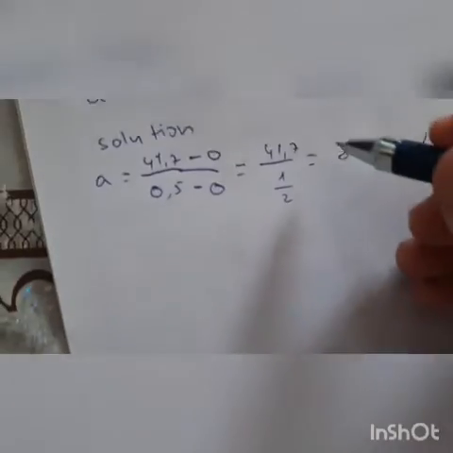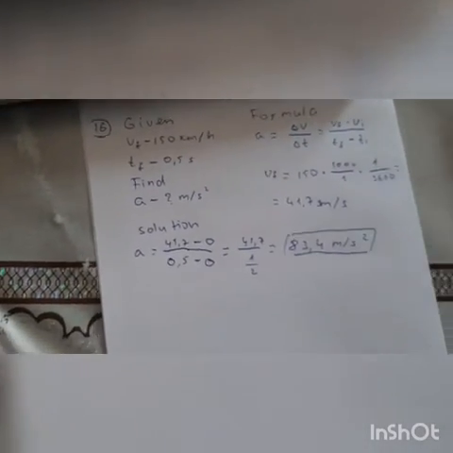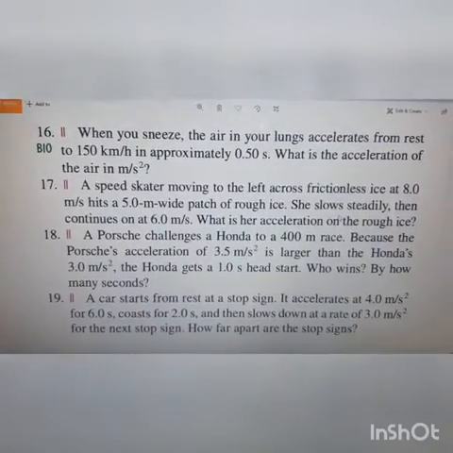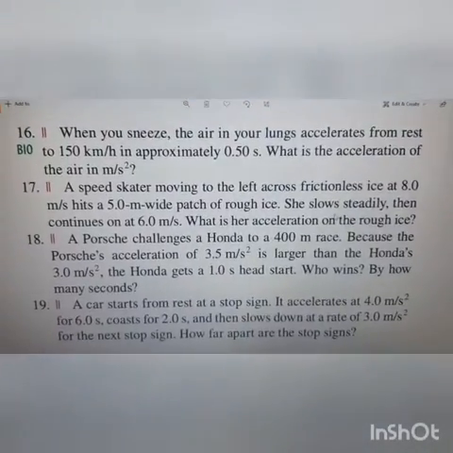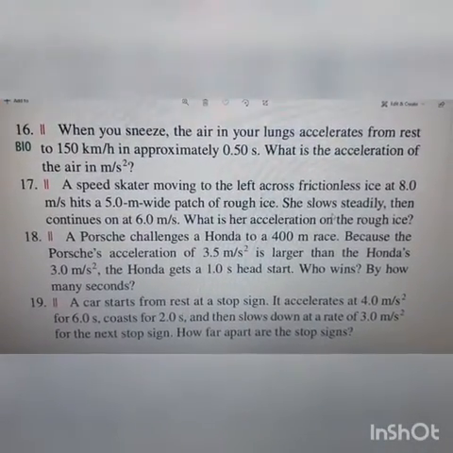Yeah, it's the answer, and it's our first exercise. And our second exercise is 17.